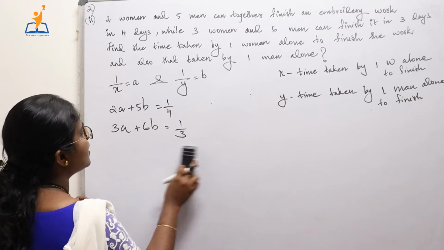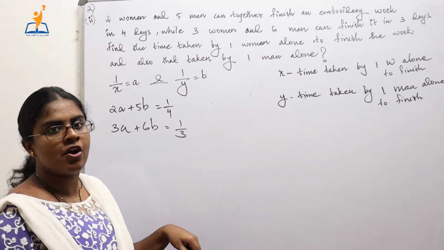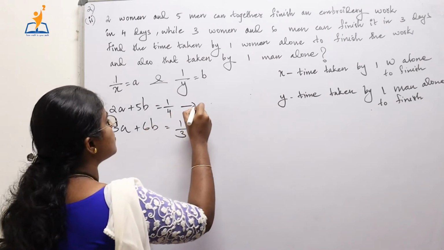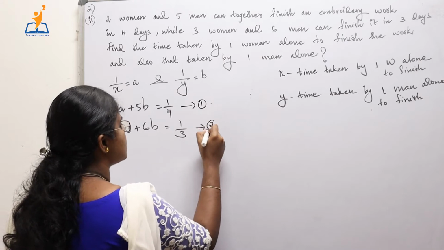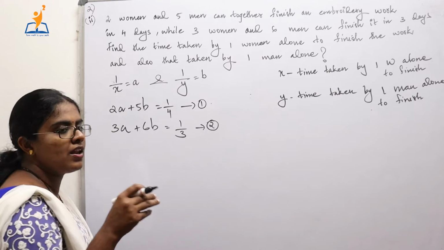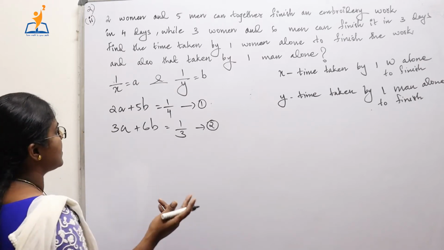So we got a pair of linear equations in two variables instead of a pair of non-linear equations. Now we are going to solve these two equations, and for that we can use any algebraic method. I am going to use the elimination method.